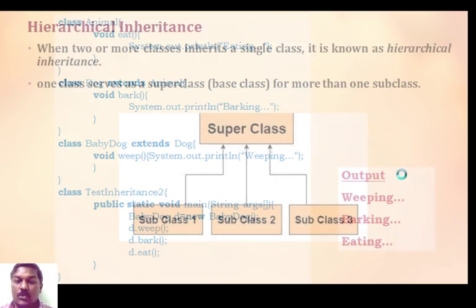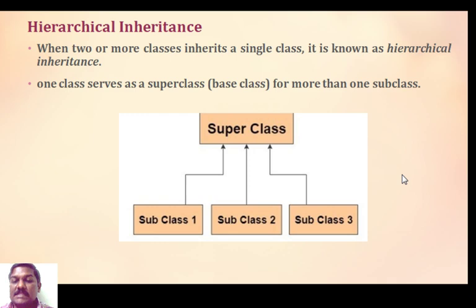Now we move on to the next one. This is called hierarchical inheritance. See, hierarchical means it is a tree structured inheritance. Tree structured means, you know very well, a tree has a root node. Below that, n number of child nodes are present.